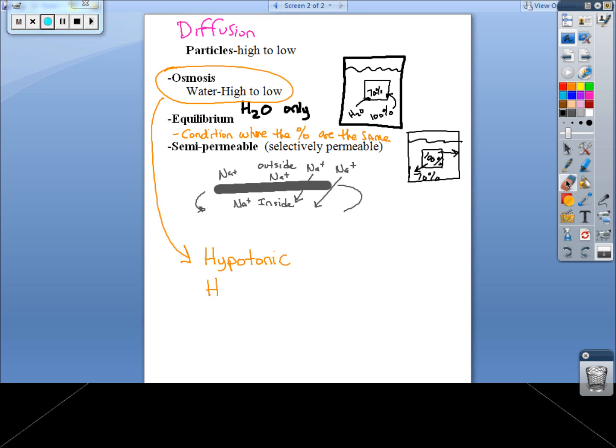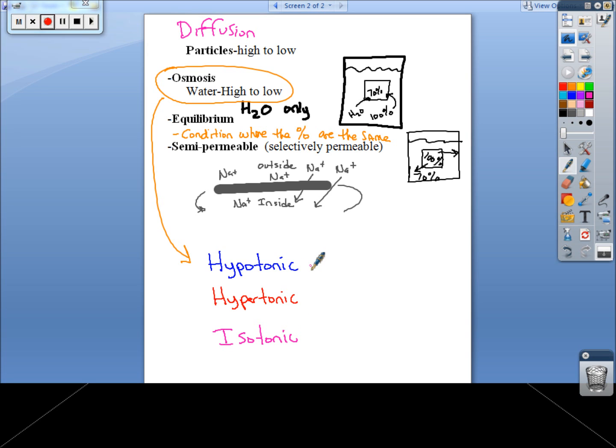So we're going to erase this. I'd like to color code this a little bit. So hypotonic. Then we have hypertonic. Then we have purple, isotonic.